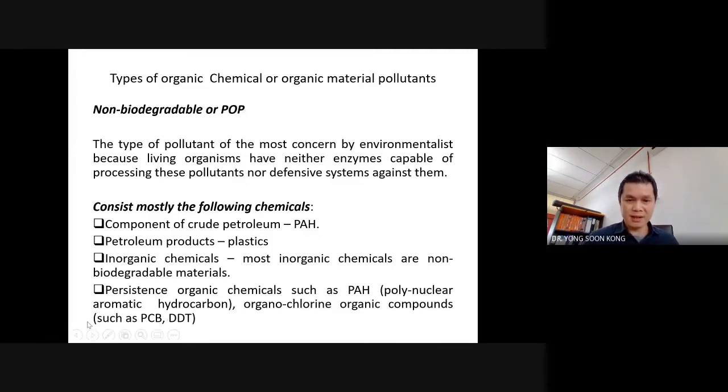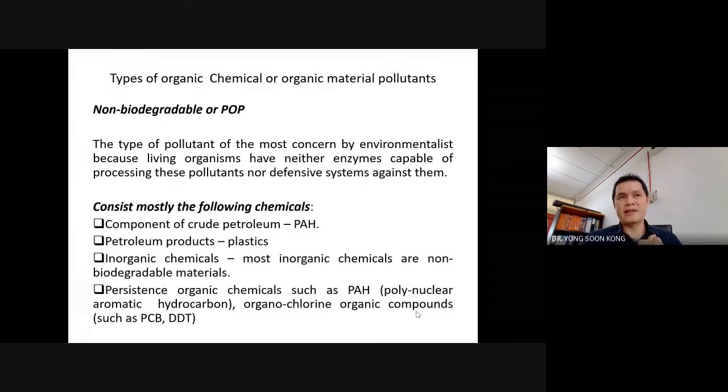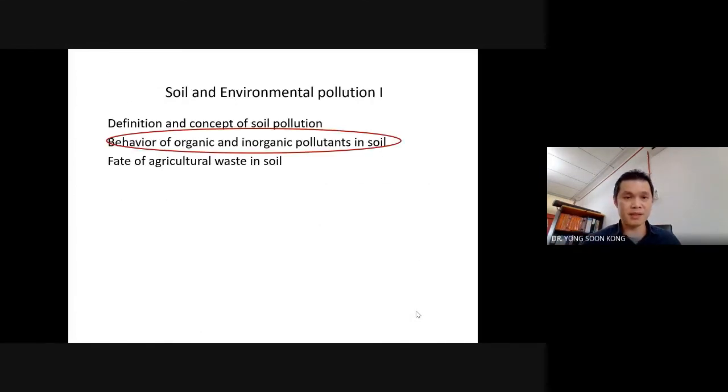These are examples of what we call organochlorine organic compounds. Organochlorine means you have mostly carbon with a few containing halogens like chlorine, fluorine, or even bromine. It is said that the inclusion of this halogen further magnifies its toxicity. I couldn't recall the full names of PCB and DDT; hopefully in the next few slides you can see them.